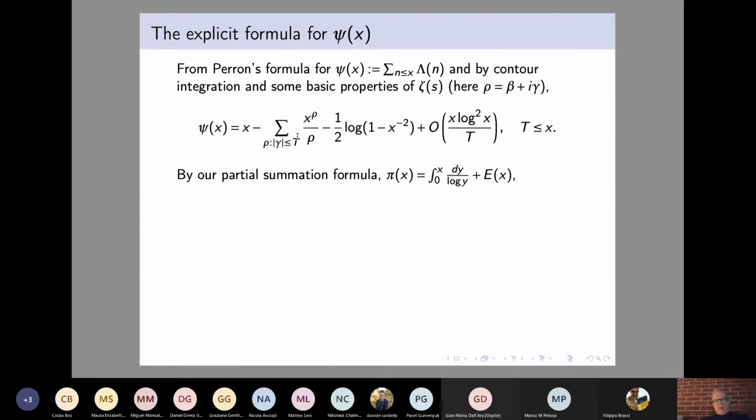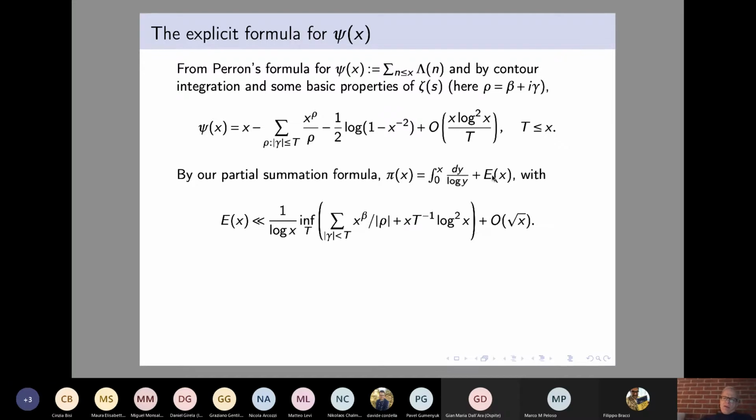So you get then the usual expression for pi of x by a partial summation, which is this integral, this logarithmic integral from 0 to x of dy over log y, plus a remainder term, which you can express in terms of the non-trivial zeros rho, and you can write it in the way I did here.